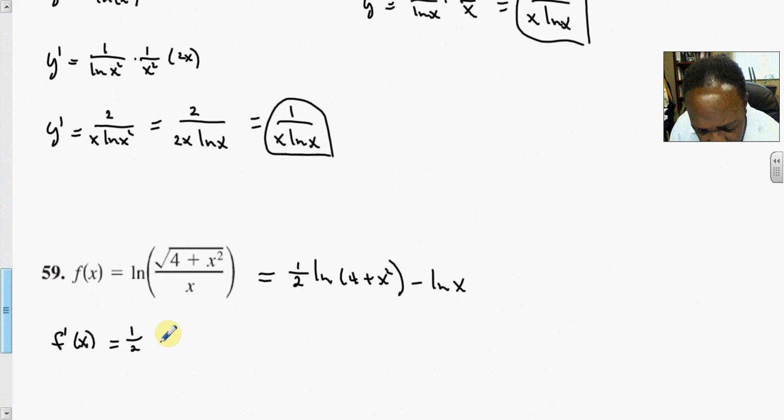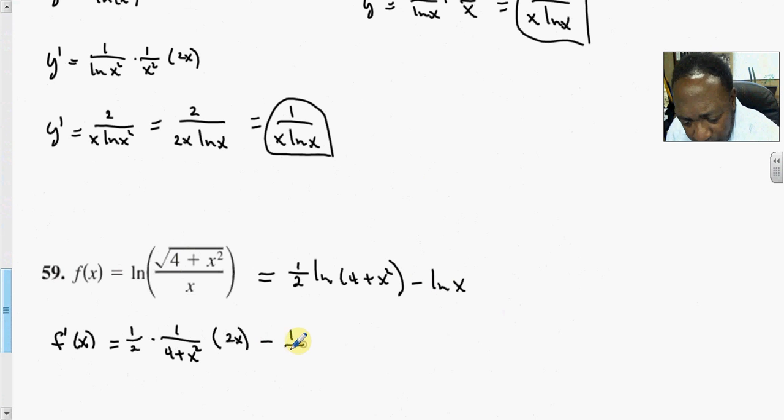You have that 1/2 sitting there times 1 over the 4 plus x squared. Then times the derivative of 4 plus x squared, which is 2x, minus the derivative of the natural log of x is just 1 over x times the derivative of x, which is just 1.